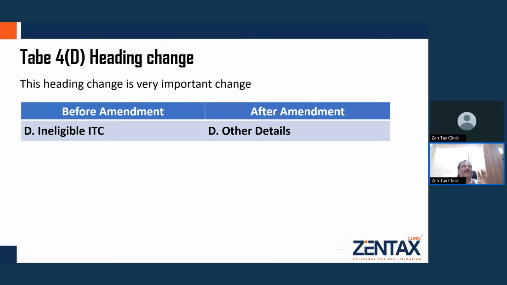If you keep that basic idea, it will be very, very useful. So the change in the heading of 4D is also very relevant. The 4D heading in GST 3B has a small change, from Ineligible ITC to Other Details.